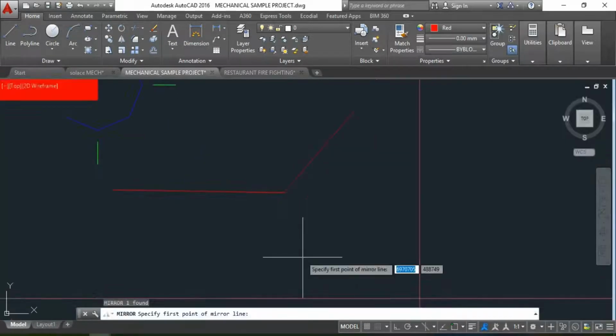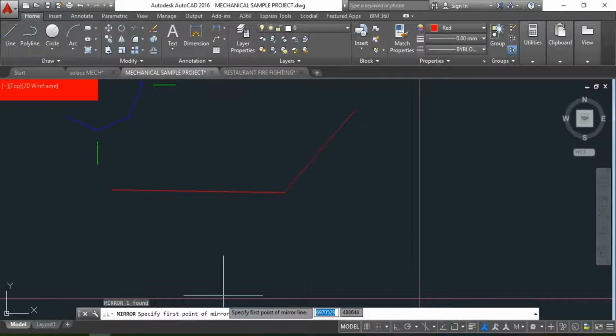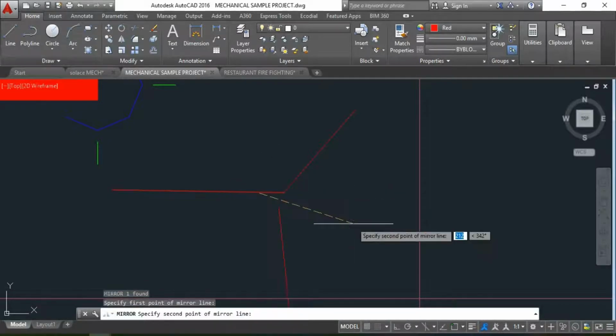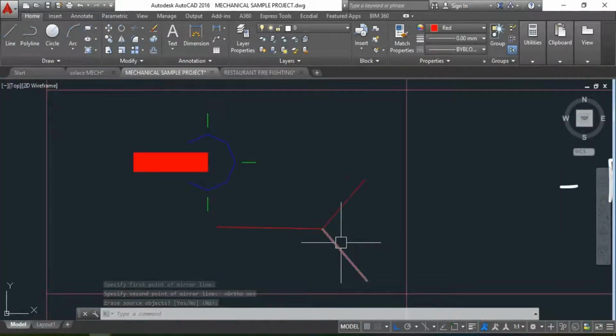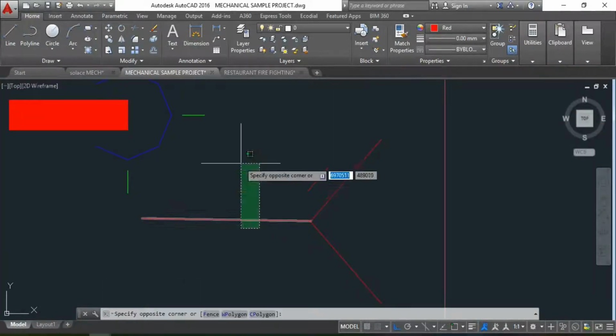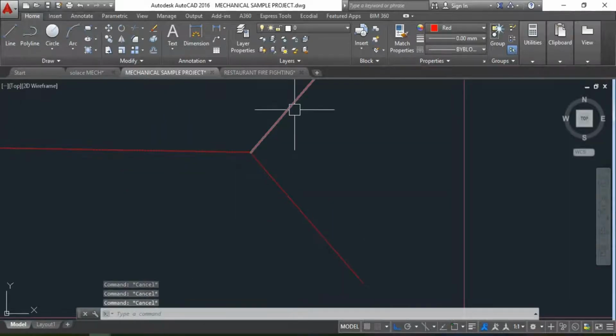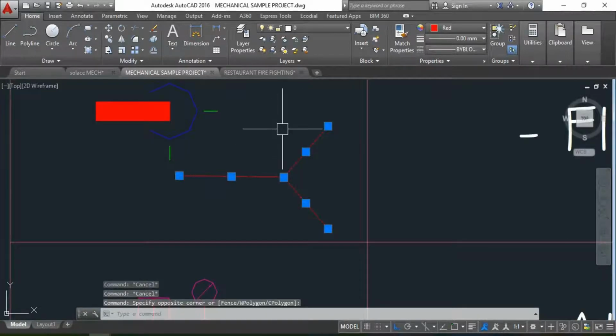So you might have seen other symbols that look like this. You have the main pipe here and we have two valve heads.